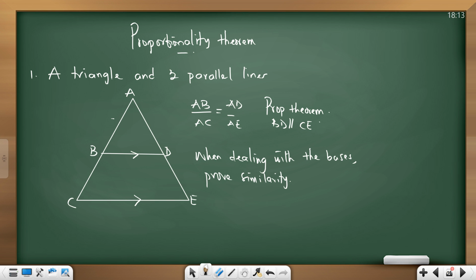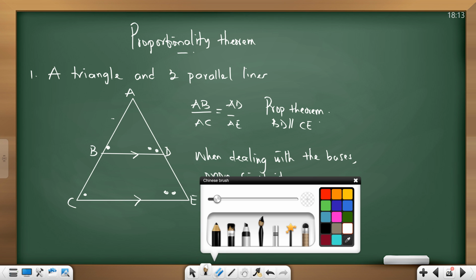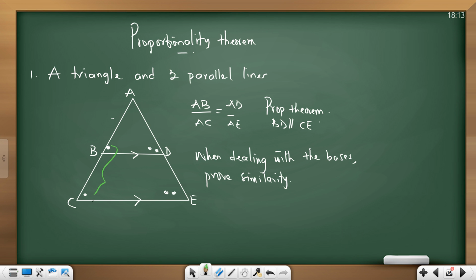If I need to use the base, you know that this angle here would be equal to that angle, reason would be corresponding. This angle here would be equal to that angle as well. So these 2 angles are equal. Those 2 are equal based on what? Corresponding angles.